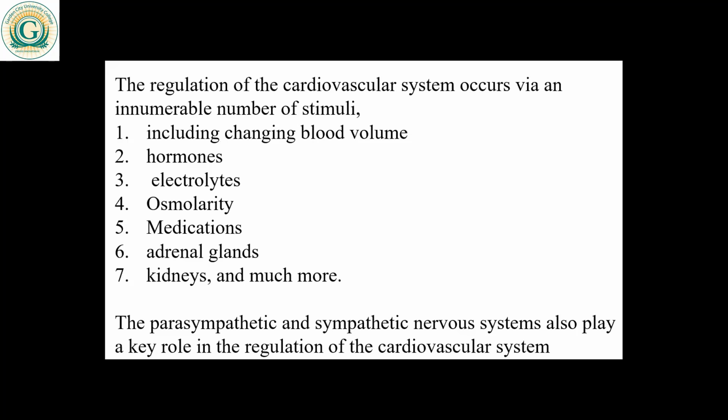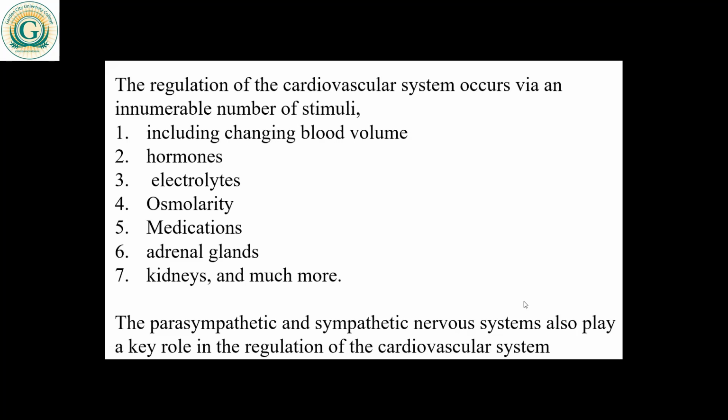For example, the food we take in, water, other electrolytes, hormones that are released, concentration of the blood, medications we take, and all these changes the pressure, changes the volume, changes the concentration of the cardiovascular system, mainly the blood.